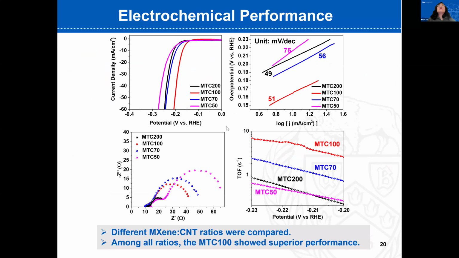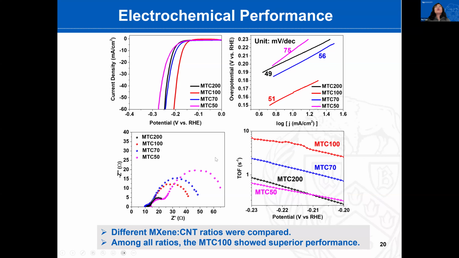All right. Okay, so we also tried to understand what the role of the CNT is, okay? How much is the optimized amount that we should incorporate into the system? So from the label here, the bigger the number, the higher the CNT ratio. And apparently, the MTC 100 shows the best overpotential, one of the lowest Tafel slopes, quite good charge transfer resistance, as well as series resistance, as well as TOF, turnover frequency.